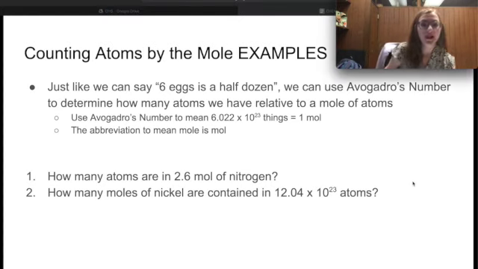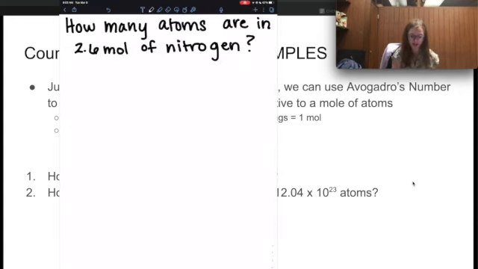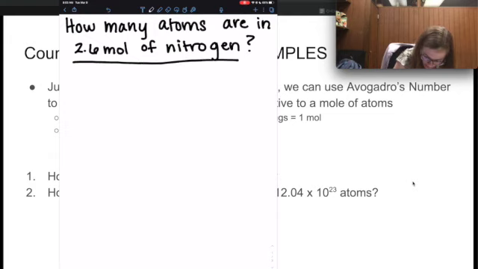Okay, so we're going to work through the first practice problem on your screen here. We just want to know how many atoms are in 2.6 moles of nitrogen. So I know that I have 2.6 moles of nitrogen as written in the problem, and I'm looking for atoms.